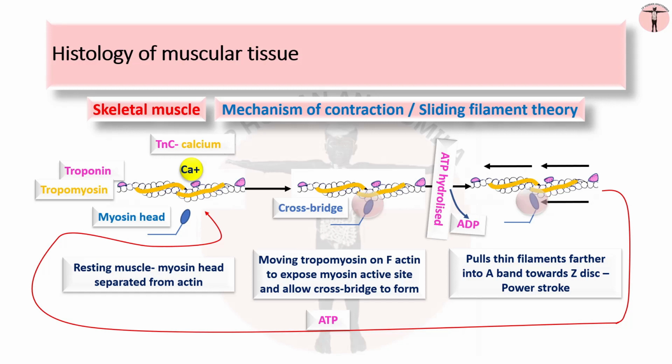When the neural impulse stops and levels of free calcium diminish, tropomyosin again covers the myosin binding sites on actin and the filaments passively slide back and sarcomeres return to the relaxed length. In the absence of ATP, the actin myosin cross bridges become stable, which accounts for the rigidity of skeletal muscles called rigor mortis that occurs as mitochondrial activity stops after death.